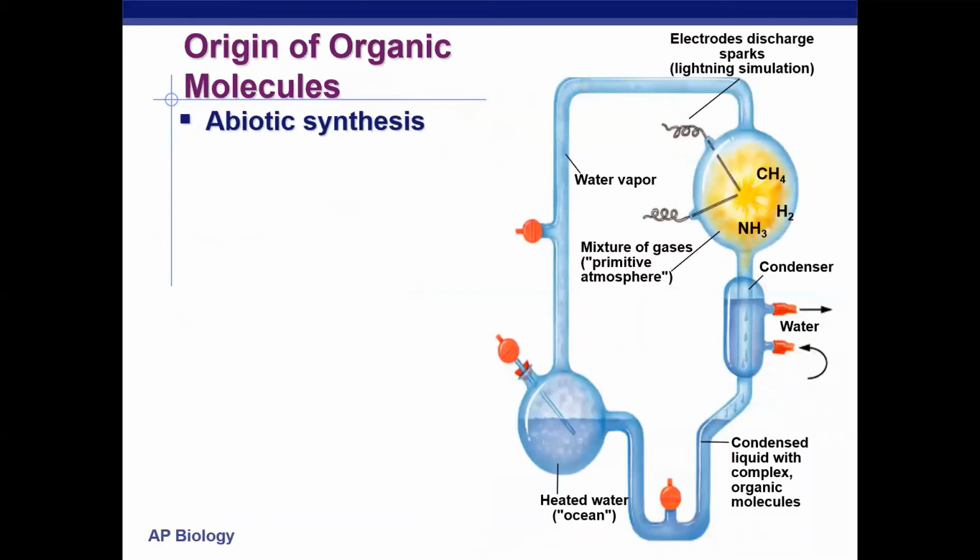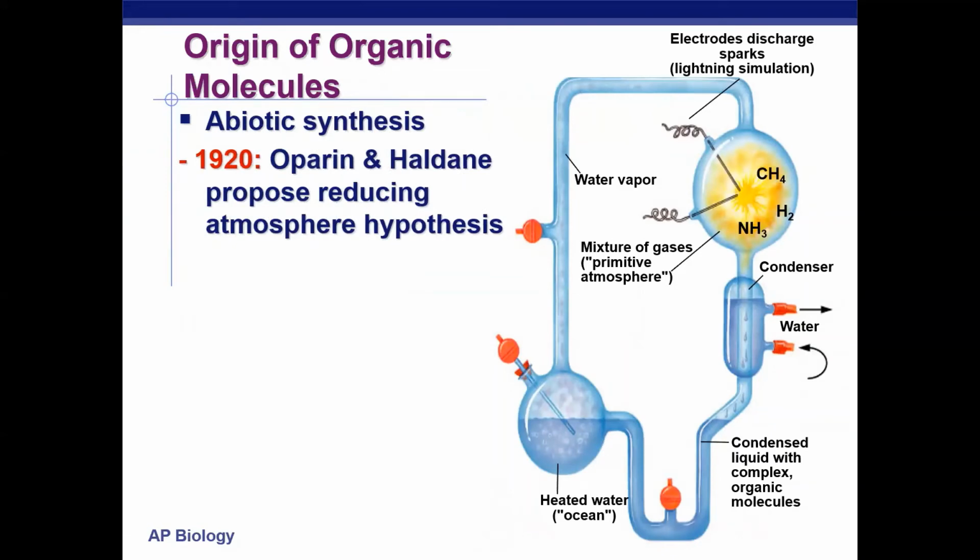And we call this our reducing atmosphere hypothesis, actually developed in 1920 by Oparin and Haldane. Once again, they made those assumptions by looking at other planets in our solar system, other planets in our galaxy as well.